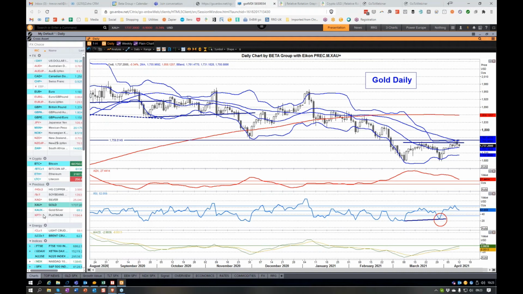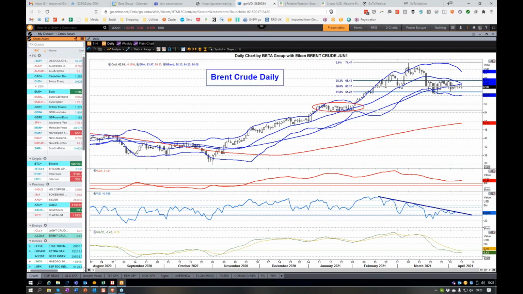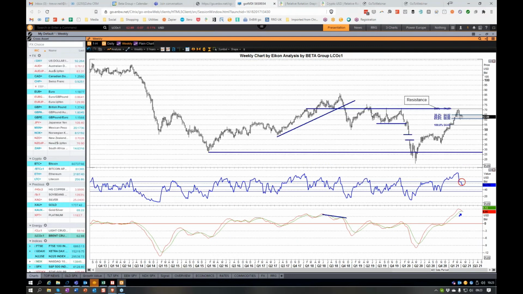And then moving on to Brent crude oil. Again, let me do the weekly, because we powered up to resistance at $70. We knew that was there, and the market got an electric shock at $70 and has now backed off from it, and quite hard.